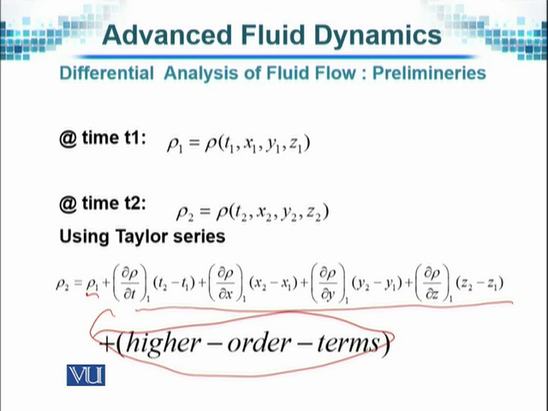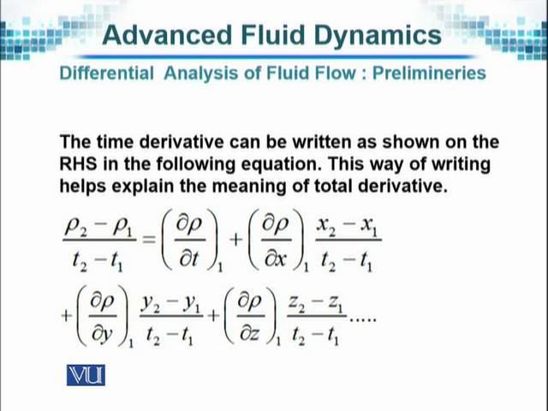Whatever higher order terms are there, we are not writing them, but we assume that they will be of a similar form. They will be very lengthy terms, so they are not being written. In a way, we have only written the linear part. The time derivative can then be written as shown on the right hand side in the following equation.